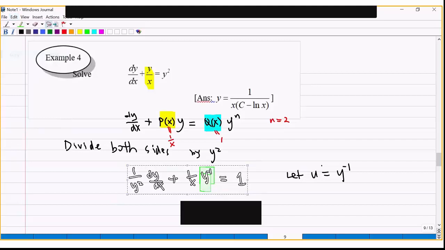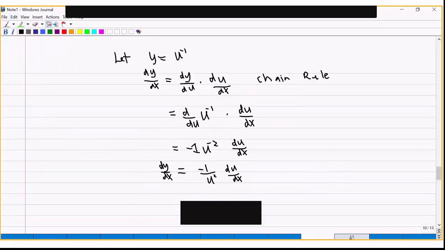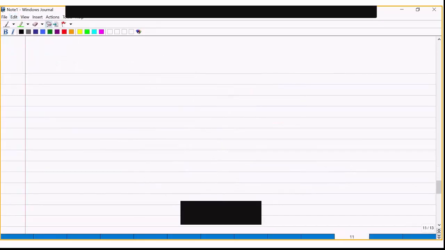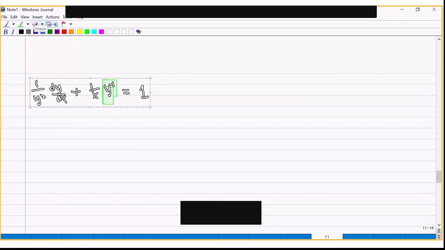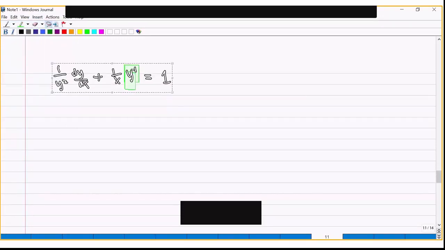Let me copy it to here. This is the earlier equation, and now I know u is equal to y to the power minus 1. This is the green one.